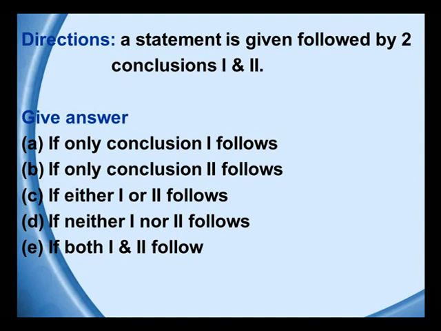That means the two conclusions should be mutually contradictory to each other. In case of E, both conclusions independently and individually should follow and both should be logically correct. But in case of C, only one at a time can follow. It can be either one or two. If one follows, two doesn't, or if two follows, one doesn't follow.